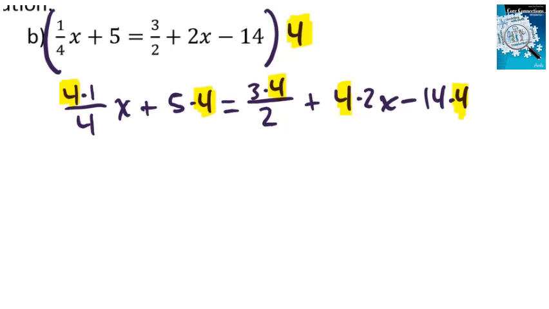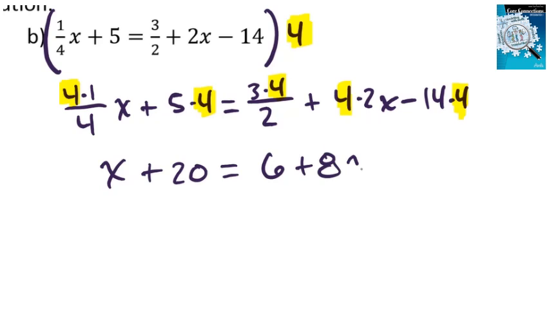Fraction busters. So what does it become? Well, 4 over 4 is 1, so I've got x plus 20 on the left-hand side. On the right-hand side, I've got 12 divided by 2, which is 6, plus 8x. And then finally, minus 4 times 14 is -56.